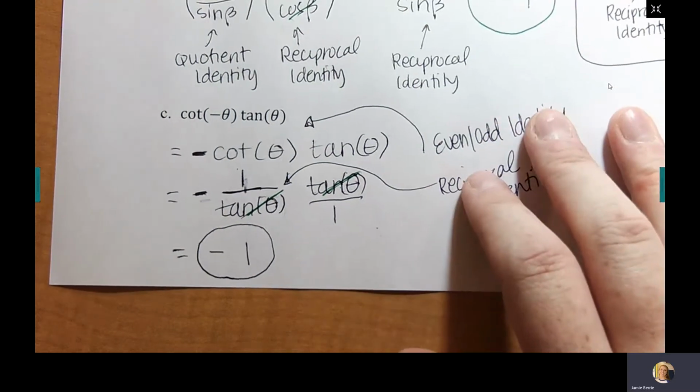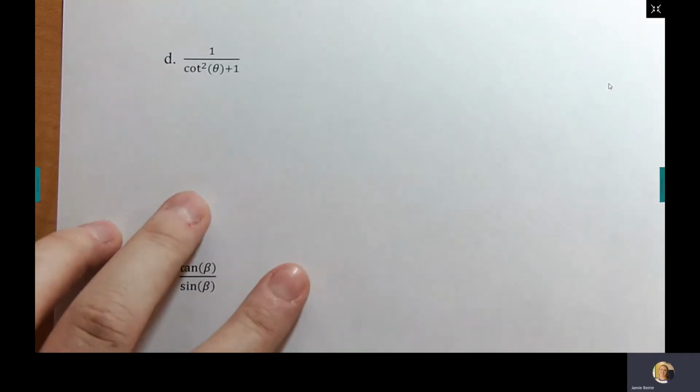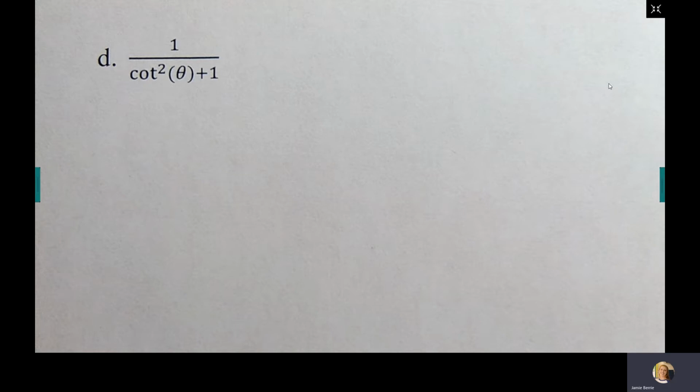All right, so we're getting a little bit more complicated on this next one. We're starting with a fraction. Part D is 1 over cotangent squared theta plus 1. Anytime you see something squared plus 1, or say a trig function squared plus another trig function squared, that should make you think Pythagorean identity.